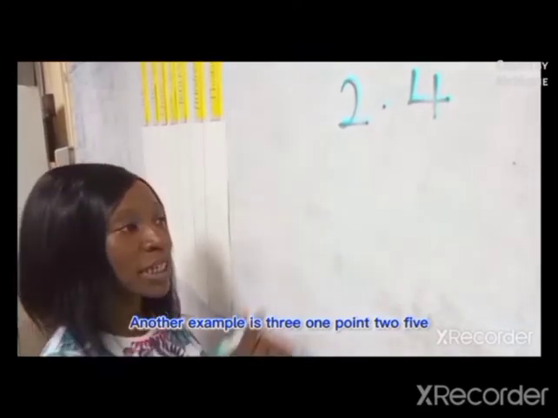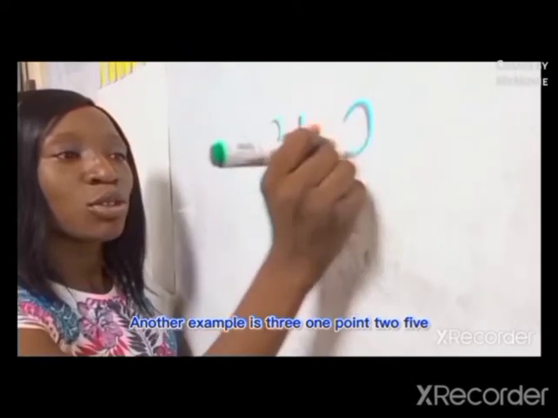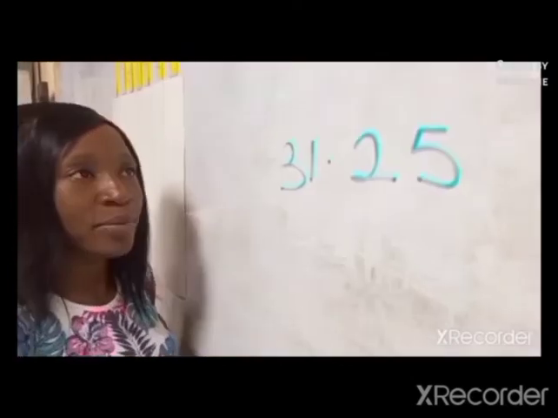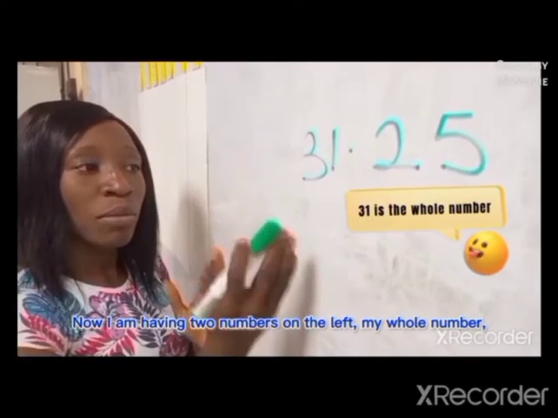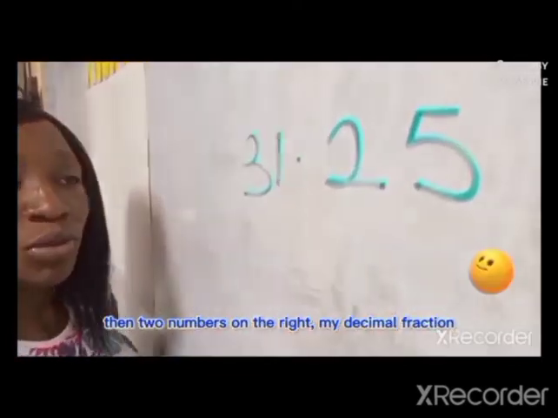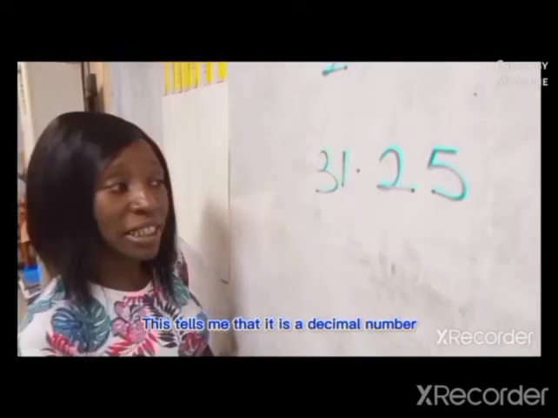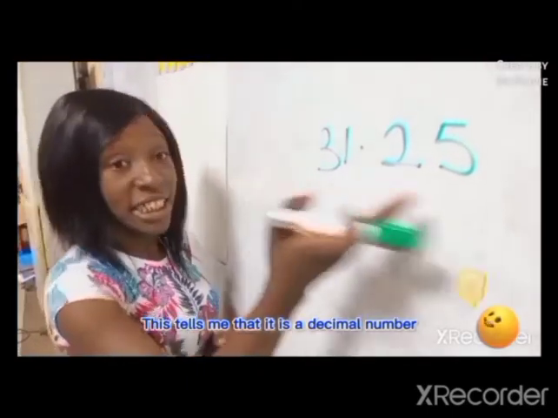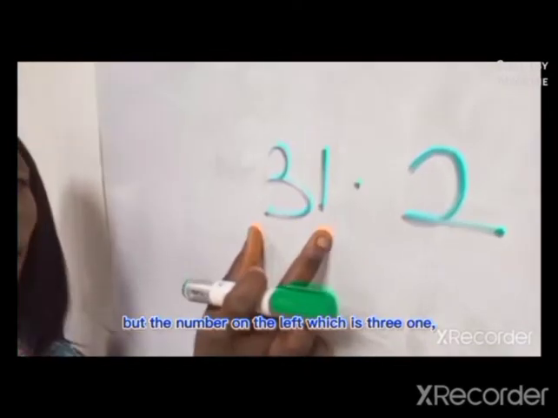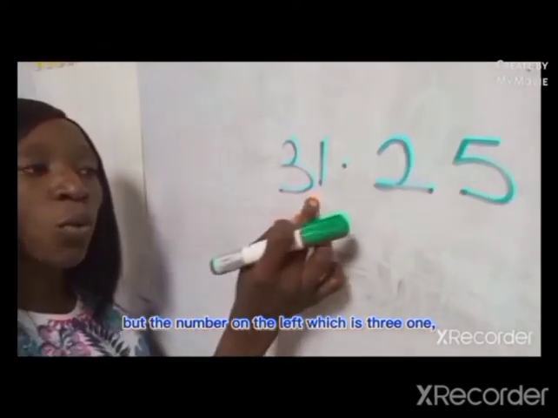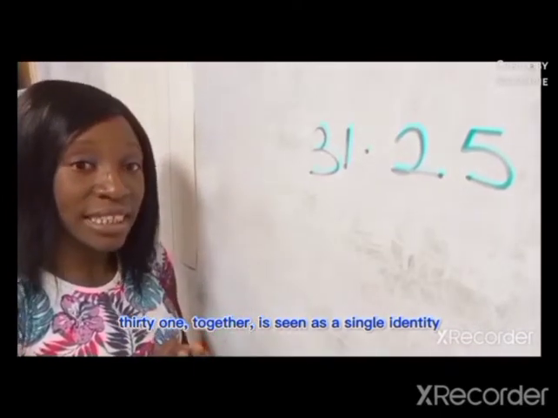Another example is 31.25. Now, I have two numbers on the left, my whole number, then two numbers on the right, my decimal fraction. This tells me that it is a decimal number because it has a decimal point. The number on the left, which is 31, together is seen as a single identity.